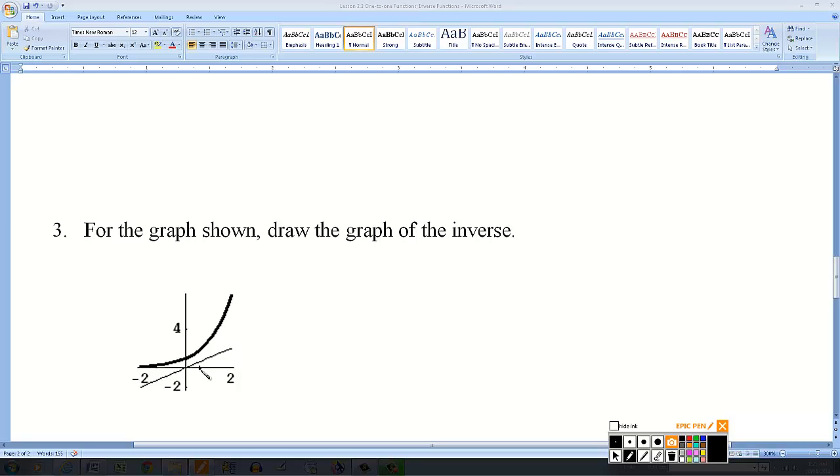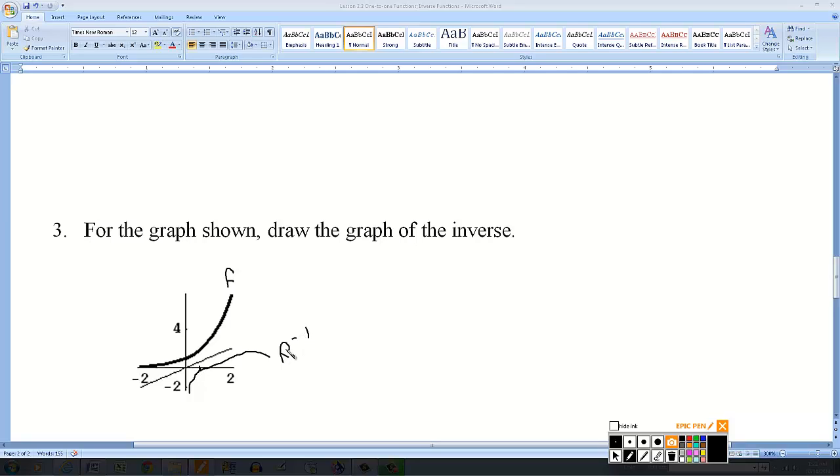So it would have to pass through this point over here, and then it would just be reflected over that line and go something like this. So this would be your f right here, and this would be the graph of the inverse.